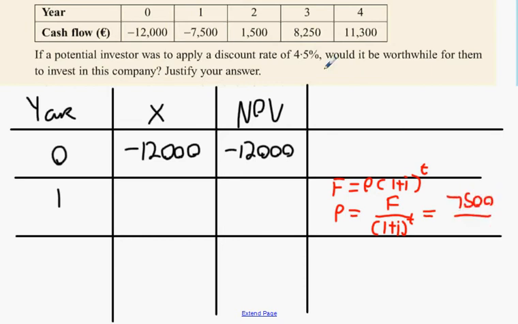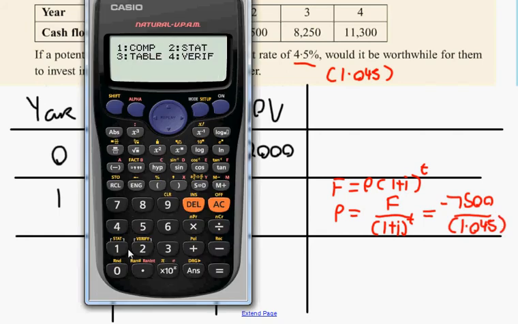Okay? So what we're going to get is our final value is 7,500. Yeah, it is minus 7,500, you're correct. And it could have grown at 4.5%, which is the same thing as 1.045. So losing that money in a year's time is equivalent to losing 7,500 divided by 1.045.